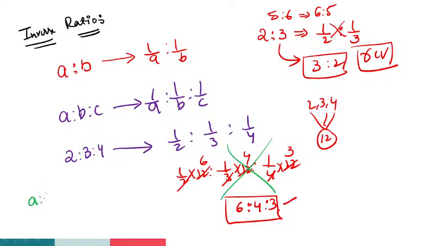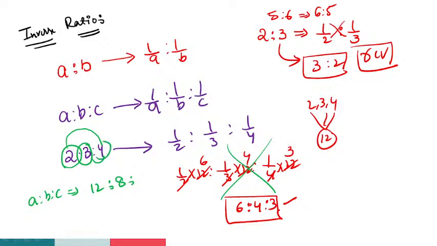I want to answer A is to B is to C. If you want to find out the first value A, just close the A, that is, don't multiply A, multiply the remaining numbers, guys. 3 4s are 12. If you want to find out the B value, just close the B and multiply the remaining numbers. 2 4s are 8.